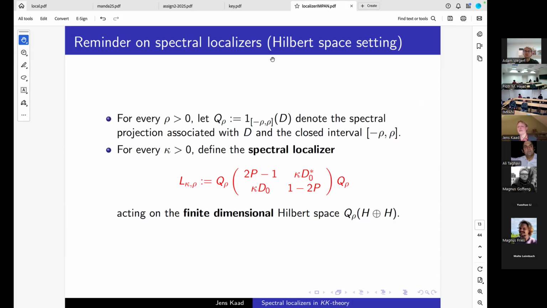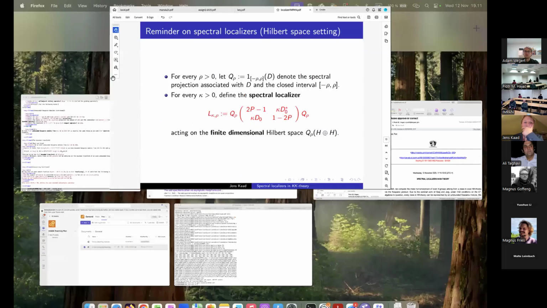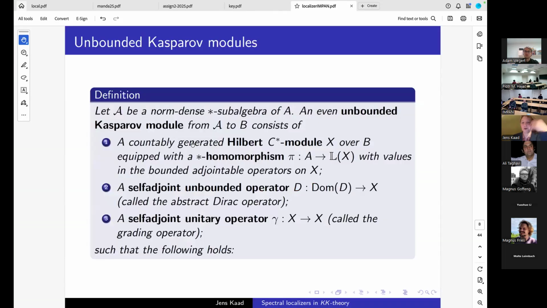So the idea is that if you have one of these even unbounded Kasparov modules from A to B, and suppose that you have a spectral triple over B, then you might like to construct a spectral triple over A instead.